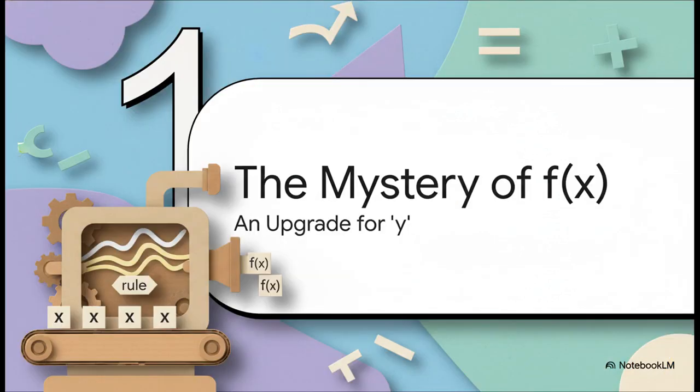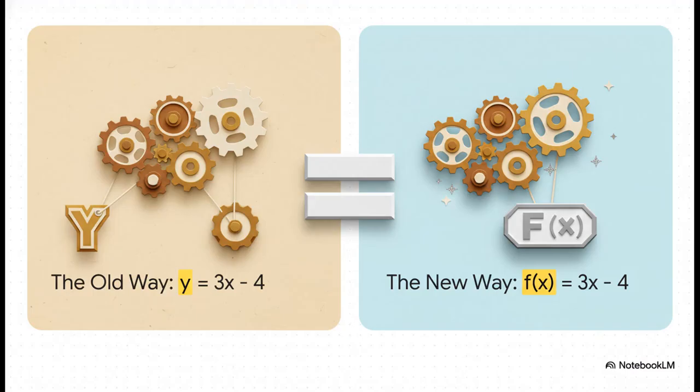Okay, the very first thing you need to know, the most important part, is that f of x is basically just a fancy, more useful replacement for the letter y. Seriously, that's the big secret. Think of it like an upgrade from your old phone to a new one. It does the same job, but way better. Take a look at this. On the left, the old way, y equals 3x minus 4. On the right, the new way, f of x equals 3x minus 4.